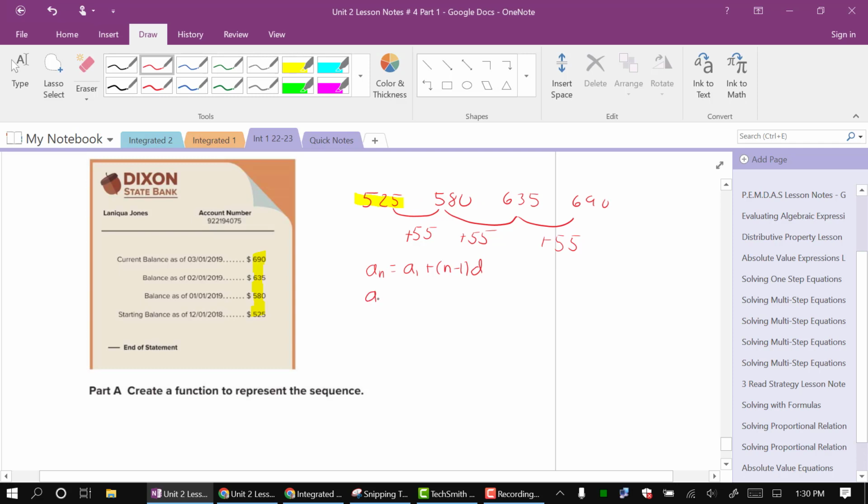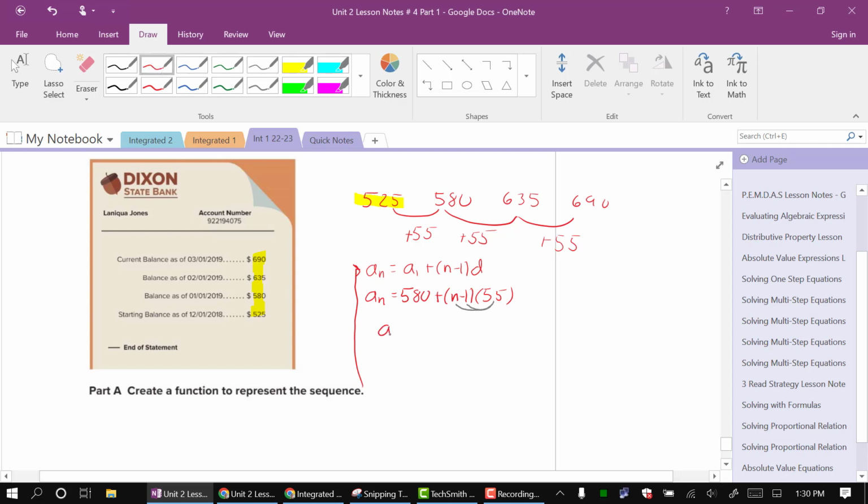So we're going to go AN equals 580 plus N minus 1 times the difference, which is 55. This is part A, by the way. So I can distribute in that 55 to both of these.